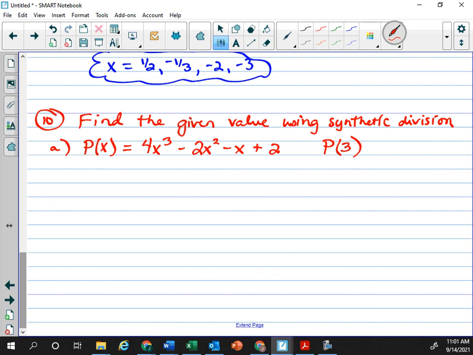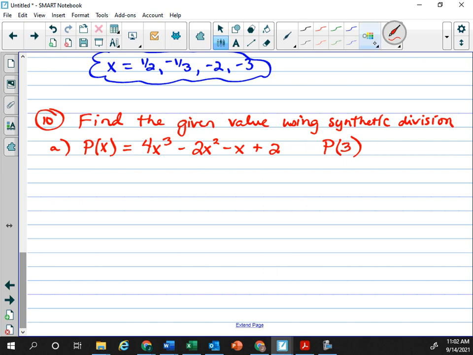Okay, so if it was just function operations and I said find P of 3, you would know what to do, right? What would I do with that? Plug it in, yes. Okay, but I said find the given value using synthetic division. So clearly I mean do something with synthetic division, right? Not just plug it in.